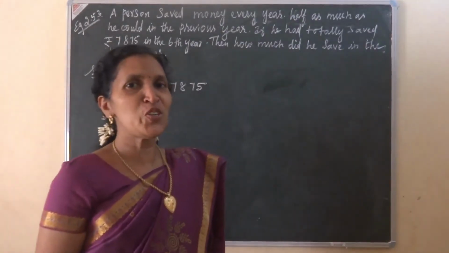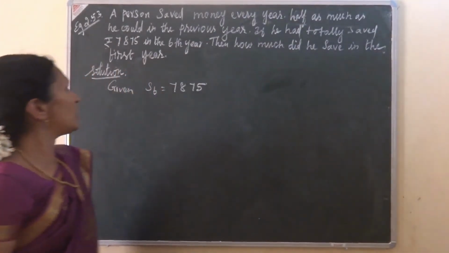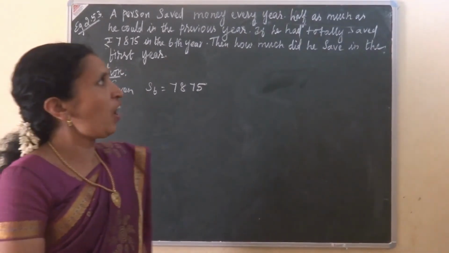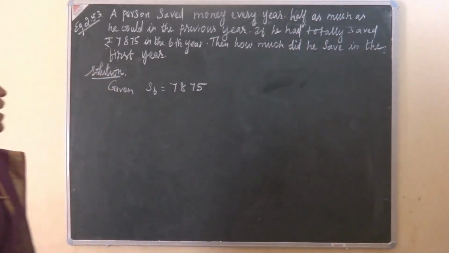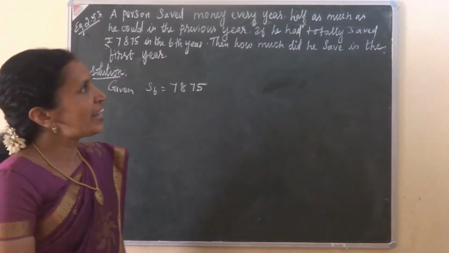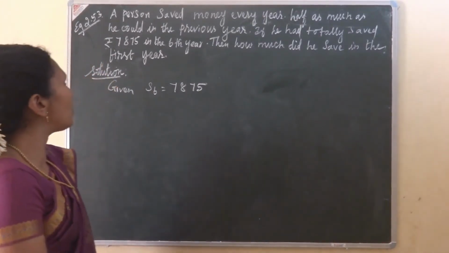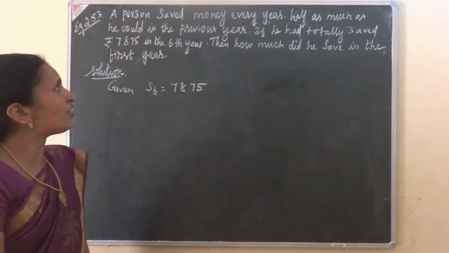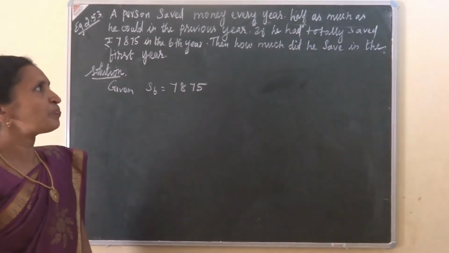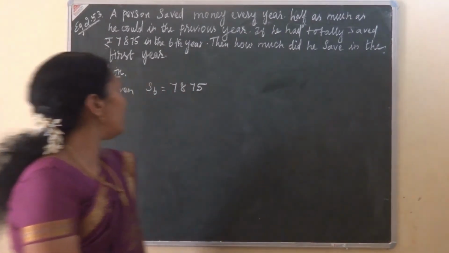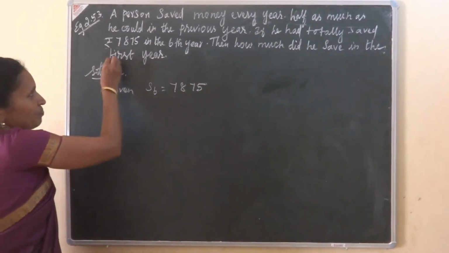Now, example 253. Read the question. A person saved money every year half of what he saved in the previous year. If he had totally saved ₹7,875 in 6 years, then how much did he save in the first year?